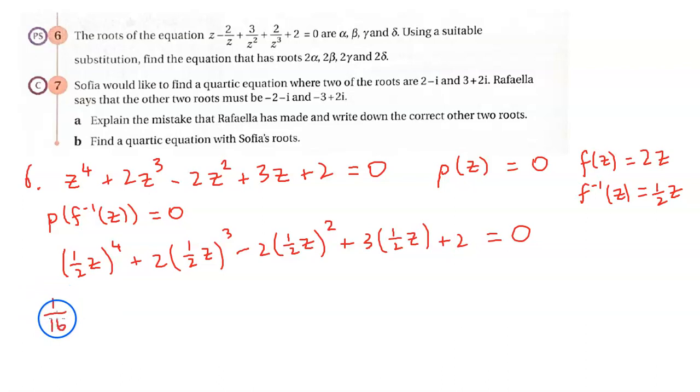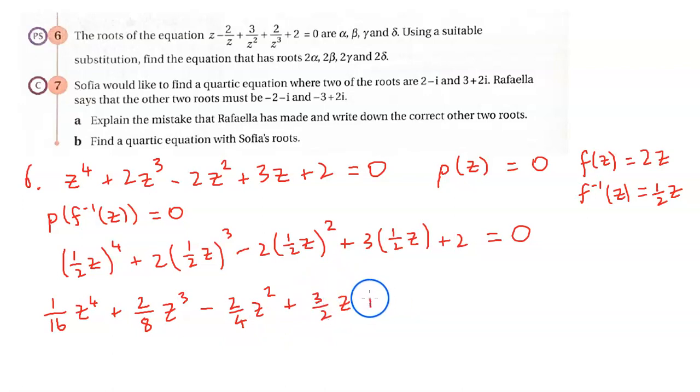So 1 over 16 z to the 4 plus 2 over 8 z cubed minus 2 over 4 z squared, and then plus 3 over 2 z, and then plus 2 equals 0.